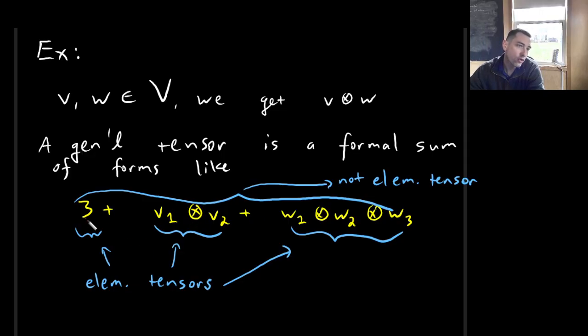Terms all of the same order: this is an elementary tensor, this is an elementary tensor, this is an elementary tensor. All of them added together is no longer an elementary tensor. I should say it's a finite sum, so there are no infinite tensors in the algebra, although you can equip analytic structure and then start talking about analysis in them.